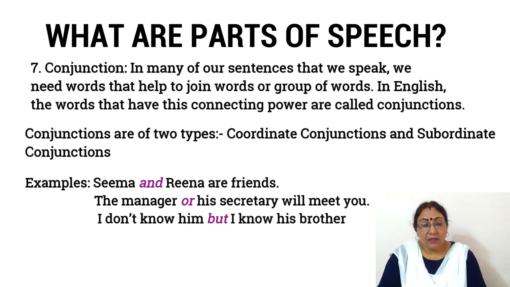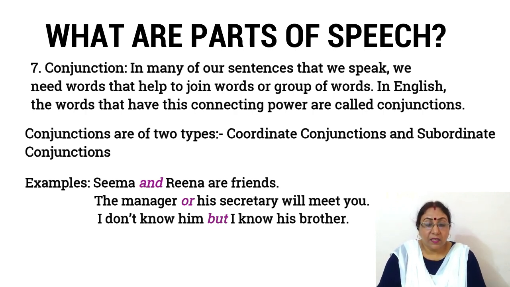Here the word and is a conjunction which is connecting two nouns, Seema and Reena. The manager or his secretary will meet you. Here in this sentence, or is the conjunction which is joining the manager and his secretary.